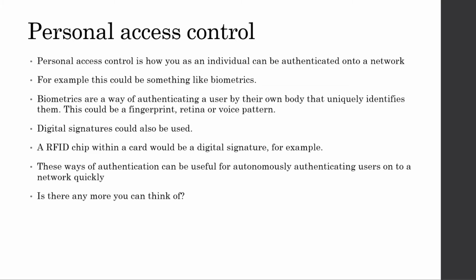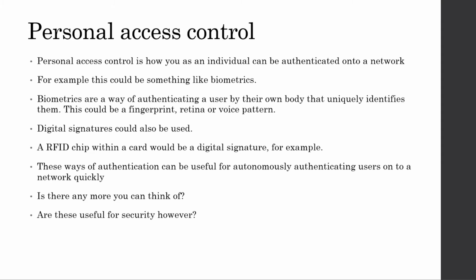But is there any more that you can think of? That's something you'll need to look at. What other personal things could you use to authenticate yourself onto things? Obviously they're not all perfect for security, because people can steal things. We did try it, I think, last year, using a photo for Face ID, and sometimes it works.